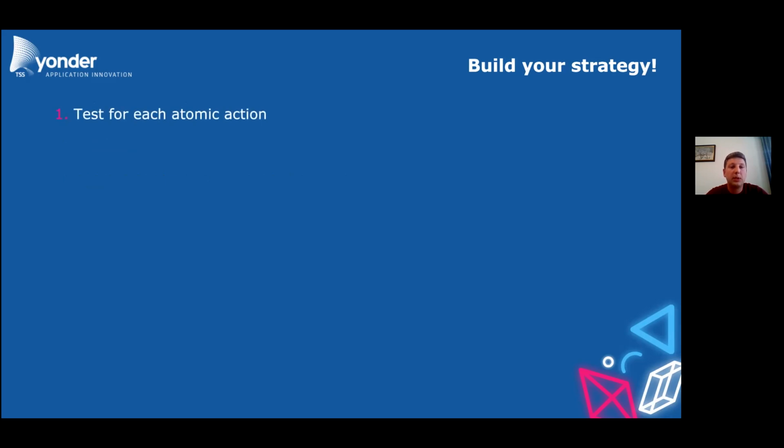First, we start with each atomic action. We have to test it in order to make sure that each individual action is valid, is available, and also that it manipulates correctly the data that we have. After this, we start to make the user activity flow. We have to test the whole chain.